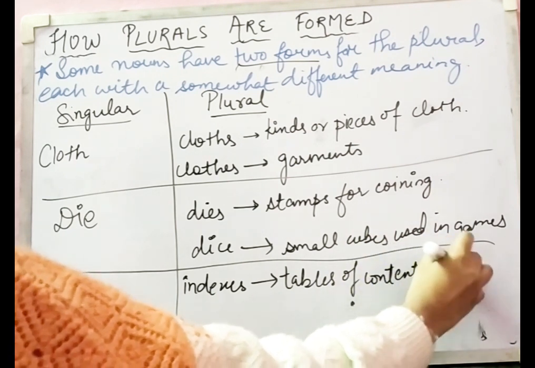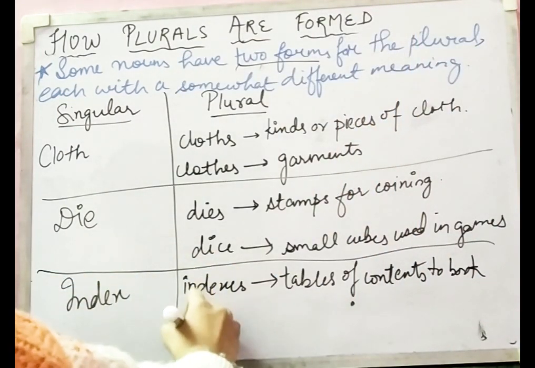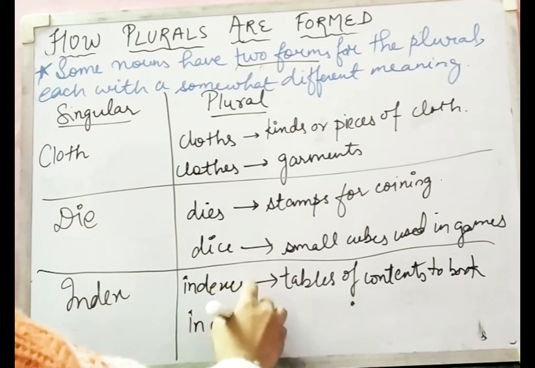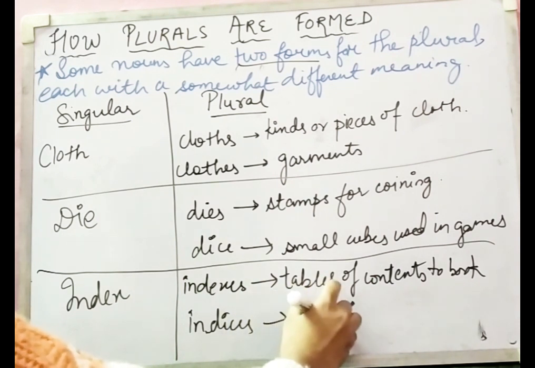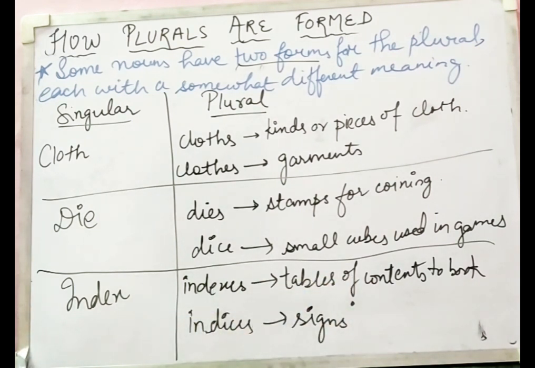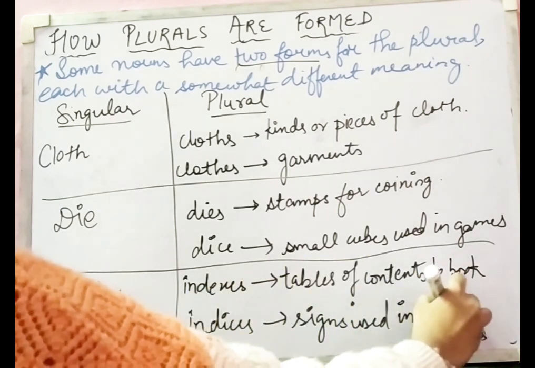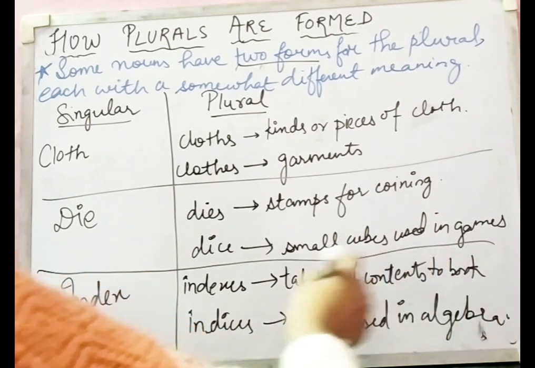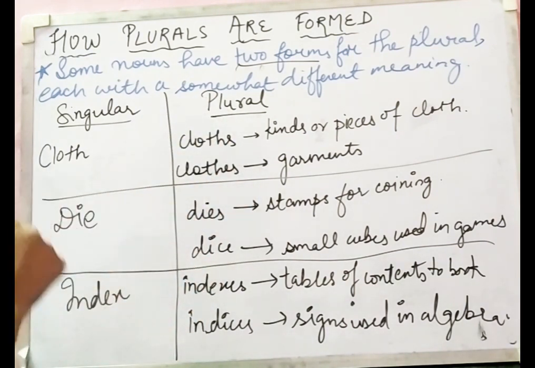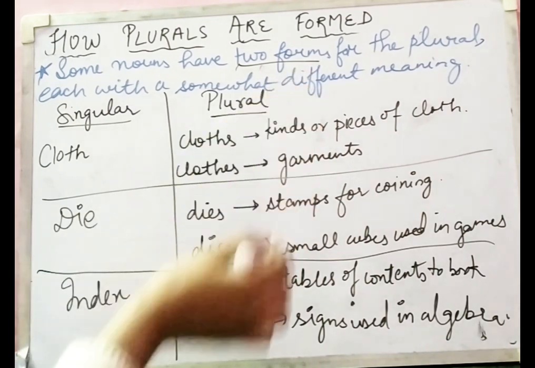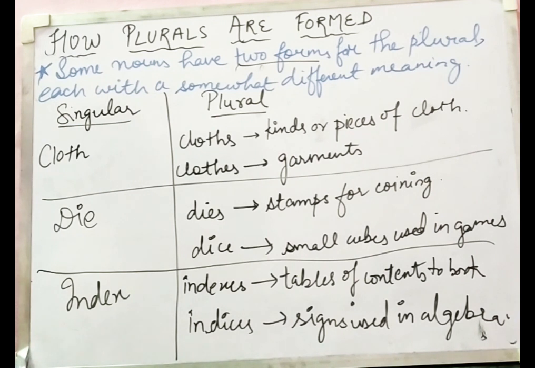You all know that books also have contents, like which chapter and page number are written there side by side. And another is indices. That will be signs used in algebra. You all know what algebra is, you study it in maths. Signs used in algebra, that is the example of indices. Means cloth has two plural forms, die has two plural forms, index has two plural forms with different meanings in each. This is the concept of this. Okay, I think you all got it.